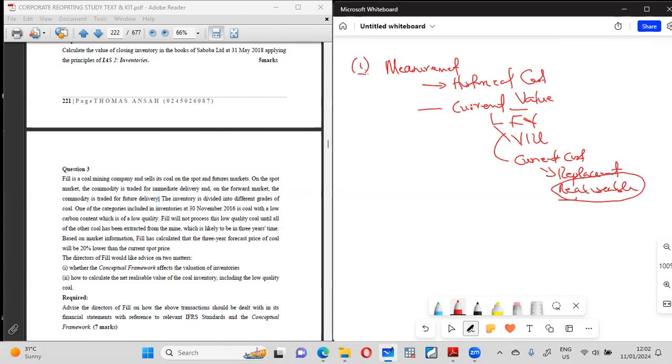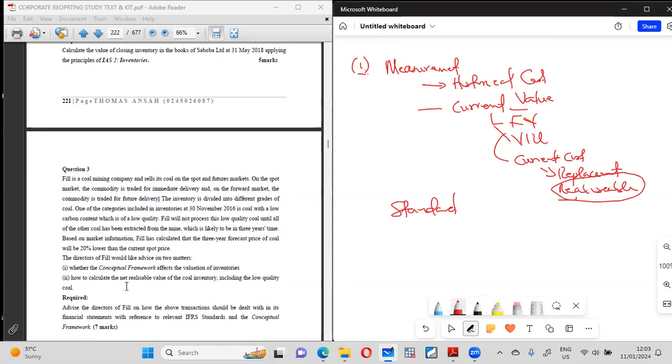However, the conceptual framework is not an accounting standard. All right. And so it says that when there is a trade-off between a standard and the conceptual framework, which one should prevail? If you know your conceptual framework now, you know that the standard prevails, since there is a standard embodied in it. So you tell the examiner that the conceptual framework will not affect the valuation of the inventory.